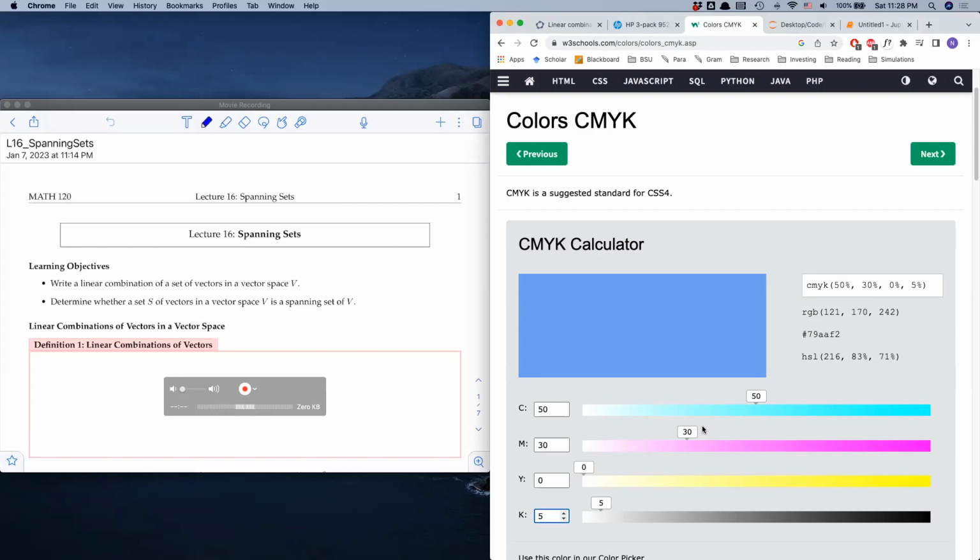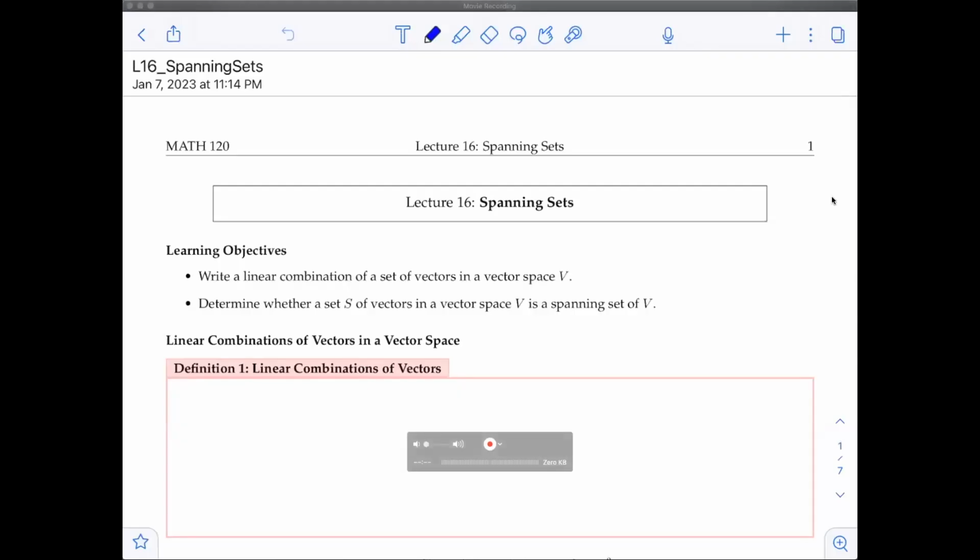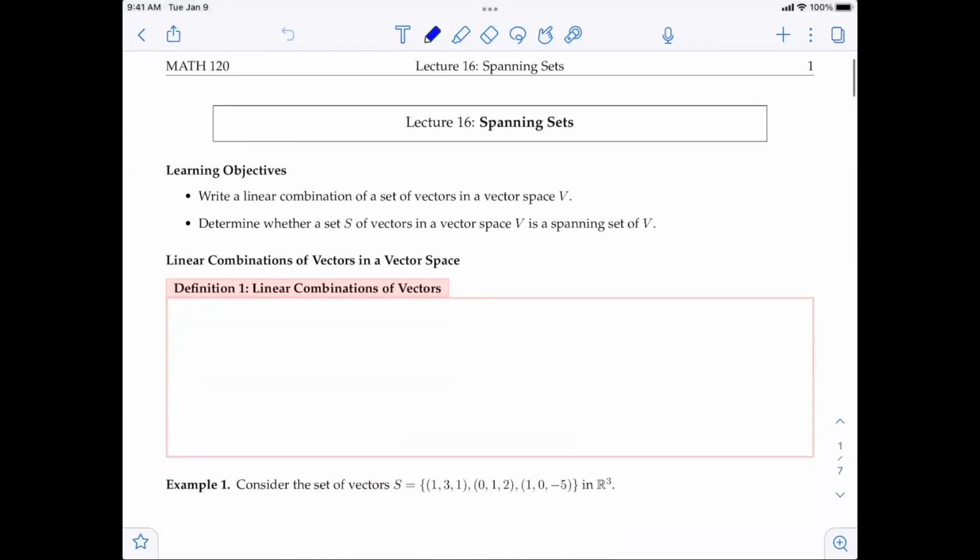So let's go back to the theory and build up the linear combinations concept one more time, and use that to extend it into the idea of a spanning set, or the span of a set. All right, so let me close this out. First, linear combinations of vectors in a vector space.